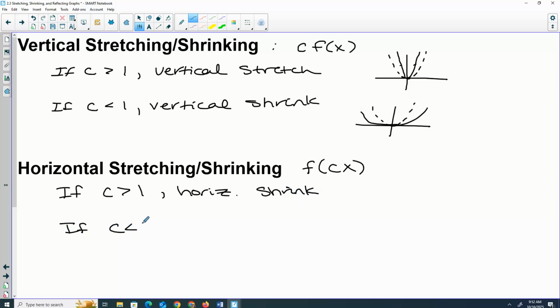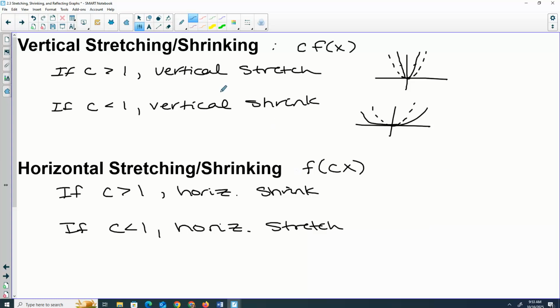If that number is smaller than 1, it's a horizontal stretch. Okay? So inside x always does the opposite. A horizontal shrink and a vertical stretch look very similar. If I take a graph and I horizontally shrink it, I'm squeezing it in, so it's going to get skinnier. If I stretch it, it's getting fatter and wider.